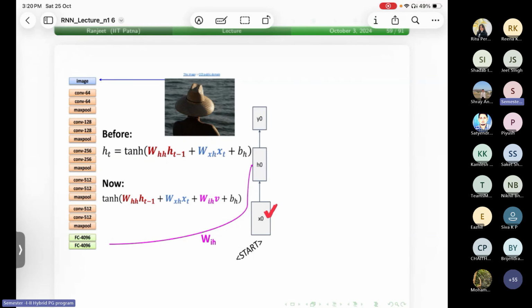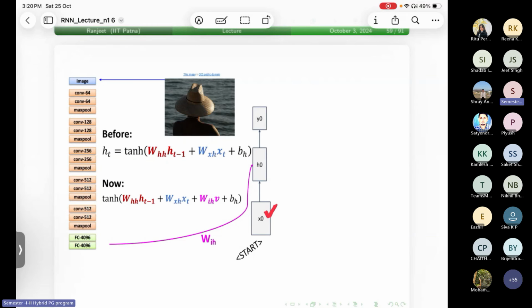Now in this case, when I'm involving the image, there should be involvement of the image also. So this part is coming from above. Again we have xt, that is your input, and apply fully connected over that. This is about the hidden state, apply fully connected over the past state, the old state. And now there is one more part. Here we are adding one more fully connected layer, that is WIH.